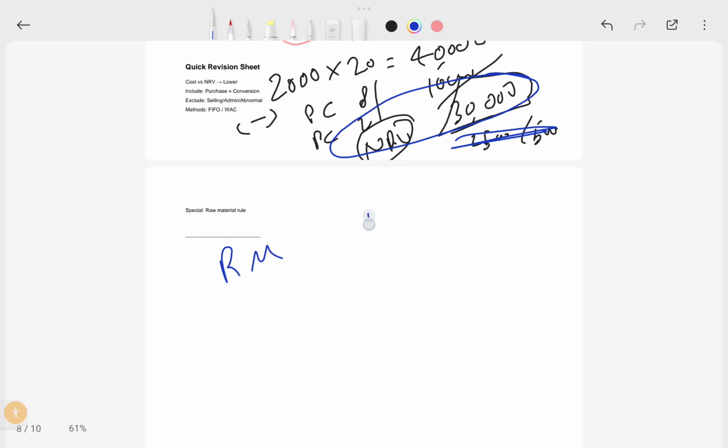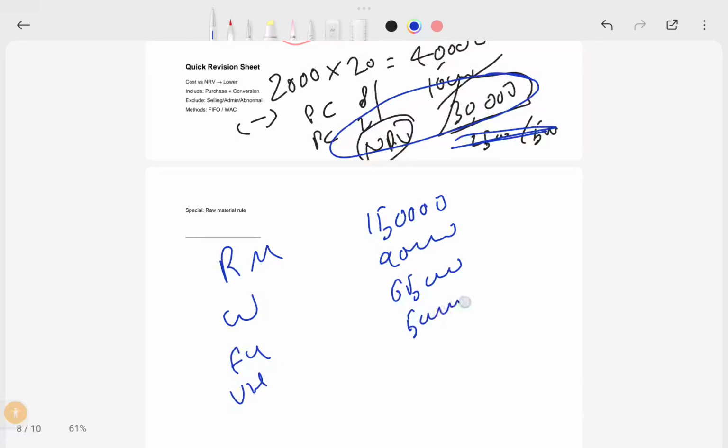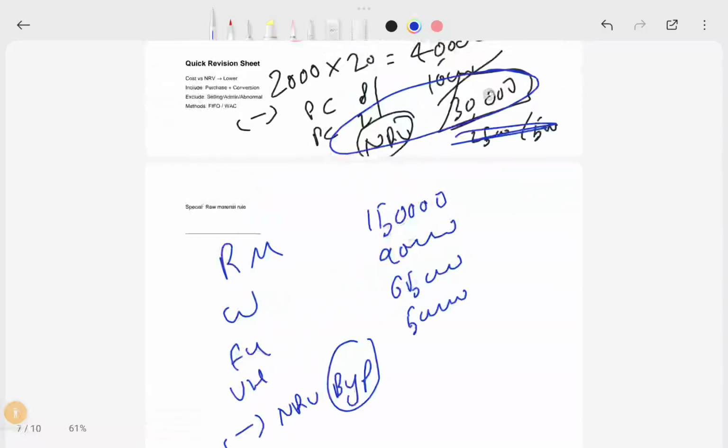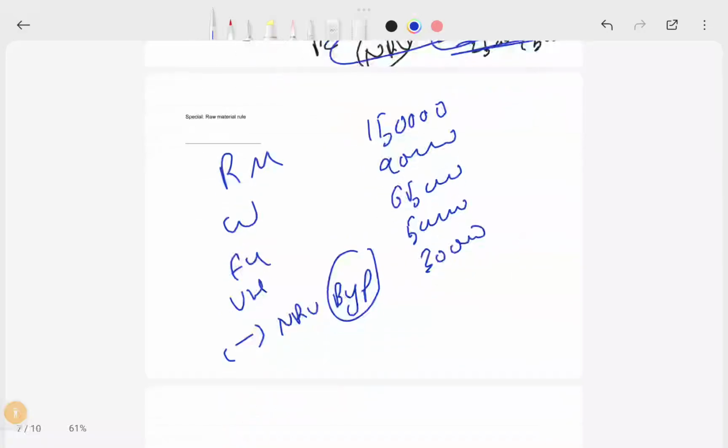There is a raw material cost of 1,50,000, wages of 90,000, fixed overheads of 65,000, and variable overheads of 50,000, less NRV of by-product. What is your NRV of by-product? 30,000 we calculated. We need to remove 30,000 here.